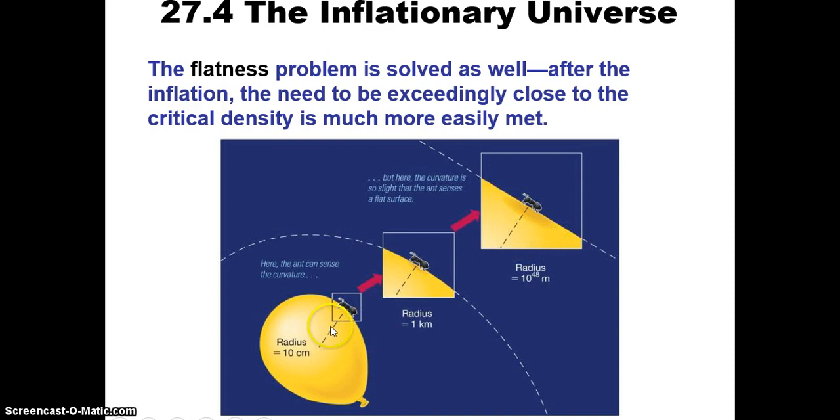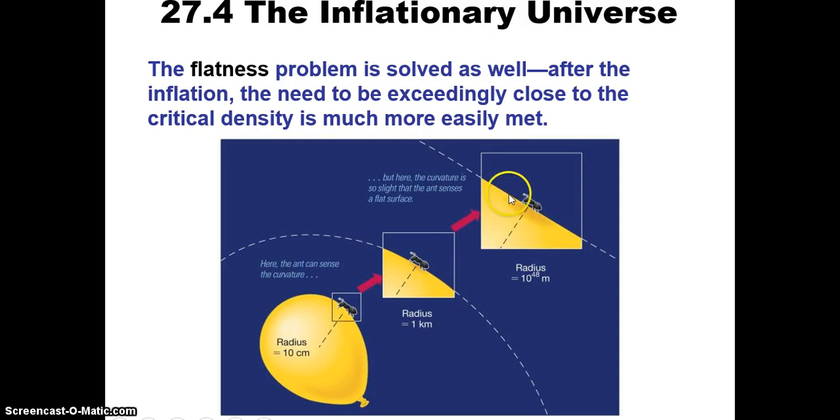All right, and so that solves this flatness problem that we encounter nowadays, that somehow the critical density is exactly the match that is needed to keep the universe flat.